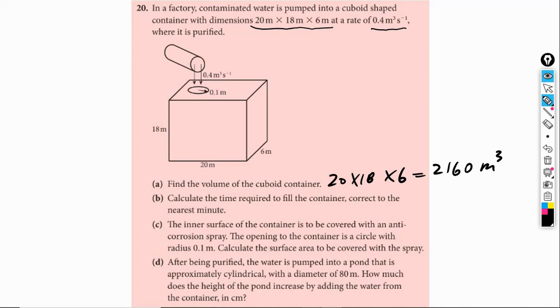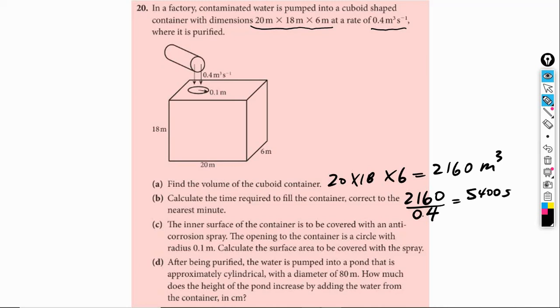So, because it has a rate of 0.4, we could find how much time it required to fill it by dividing 2160 by 0.4. And this is going to equal 5,400 seconds.